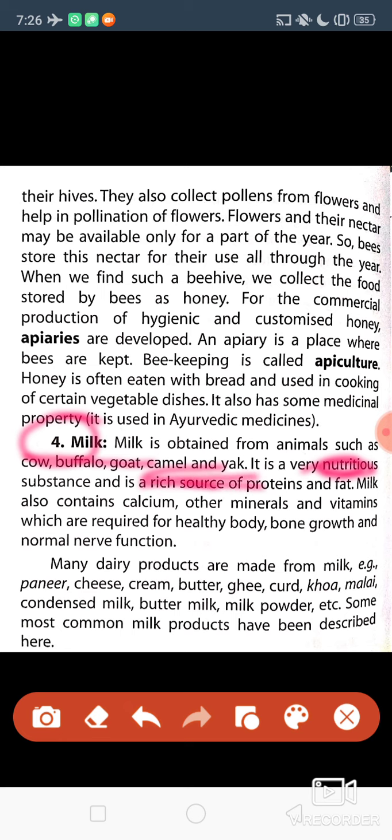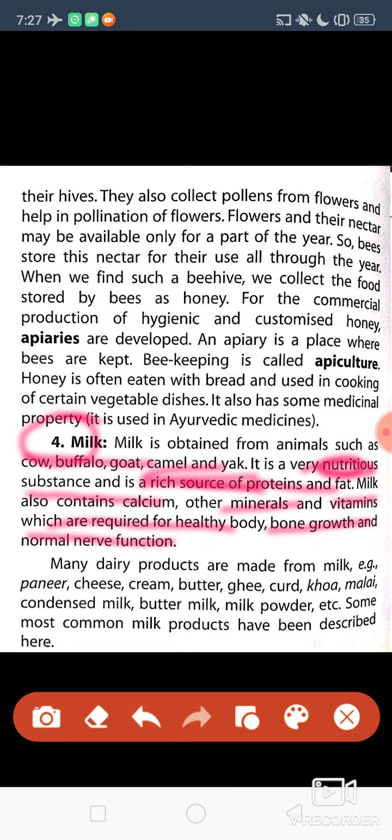From milk, what do we get? Fat as well as protein, also calcium, minerals, vitamins, which are required for a healthy body, bone growth and normal nerve function.